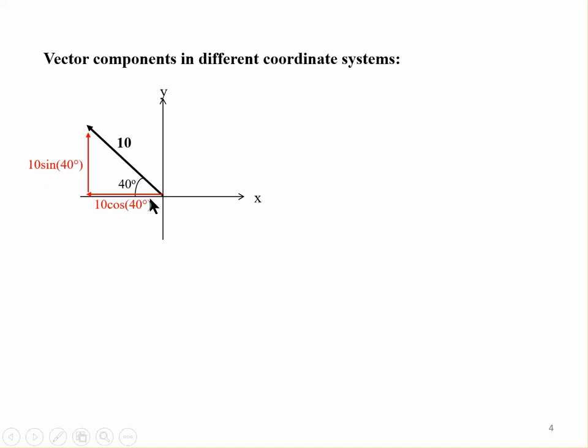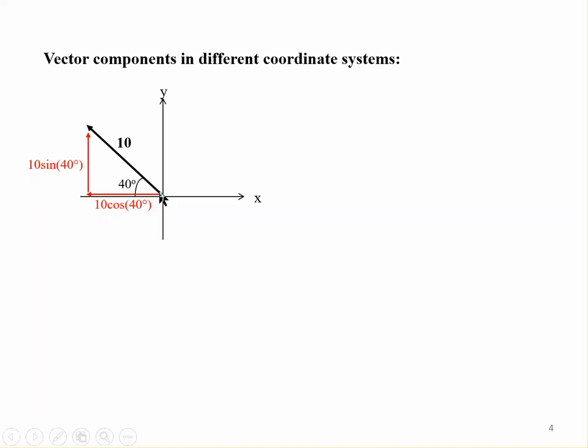Now, let me compute the length or the magnitude of this horizontal vector. Well, by staring at this triangle, I see here that the length of this vector is 10 cosine 40 degrees. Similarly, the length of this vector is 10 sine of 40 degrees.